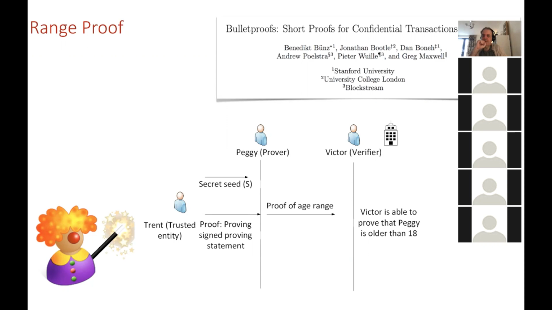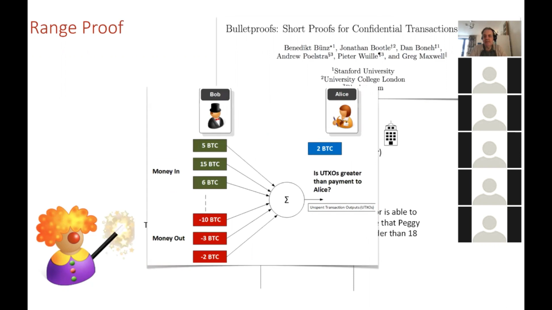So bulletproofs are short proofs of a transaction, and basically they can be used to take all of the previous transactions that Bob has made, aggregate them together, and then take the value of the current transaction and find out if the value is greater than or equal to 0. And it's what's called the unspent transaction amount.